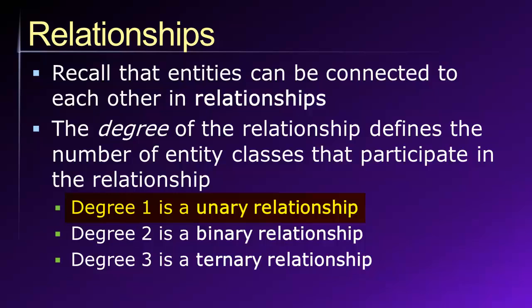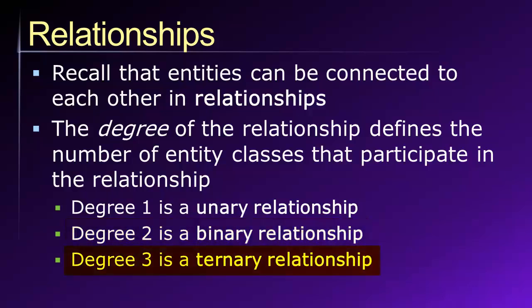This would be a degree 1 relationship in which an entity is related to itself. We would also call that a recursive relationship. We may also have a binary relationship, or a degree 2 relationship, where one entity is related to another entity. Binary relationships are by far the most common types of relationships in entity relationship modeling.